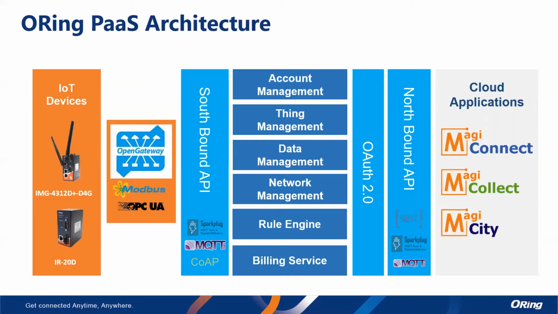We have our open gateway feature in our devices, which helps very easily to establish a connection between end devices and the cloud platform. On the left, you can see some examples of our ready products for IoT, which are IoT gateways like the IMG or IR series products. Then on the right, we have the northbound API, the RESTful API, which helps to integrate different kinds of cloud applications to the cloud platform.